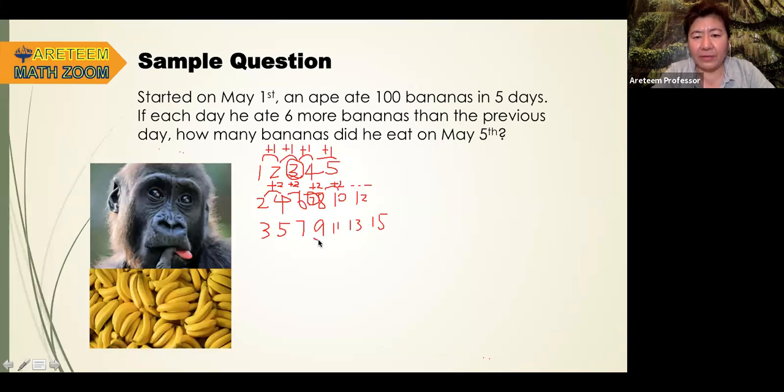All right, so the answer for the average for this sequence is 9. Now, do you see any pattern, everyone? See, the first sequence, we have 5 numbers. The average is the middle number. The second sequence, we have 6 numbers.